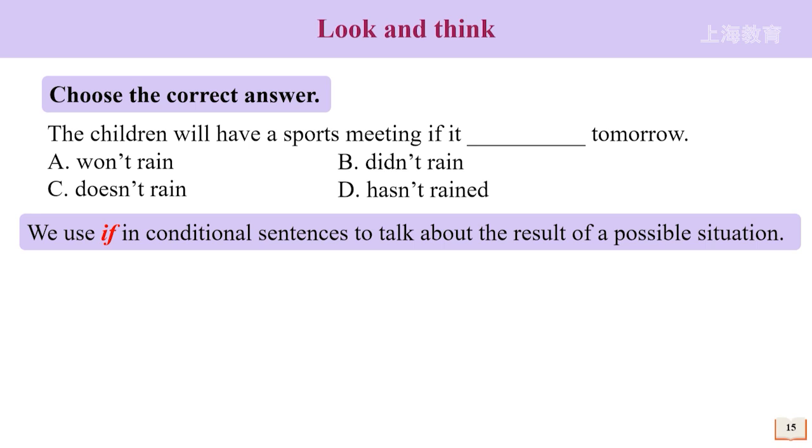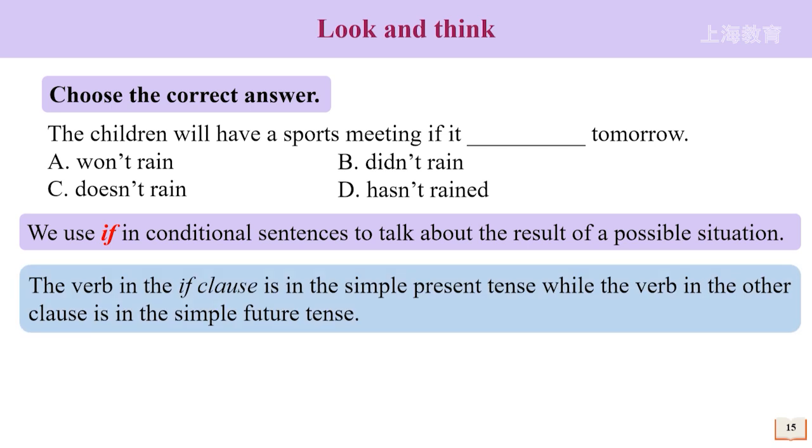If clause is one kind of adverbial clauses. If 用以引导条件状语从句，意思是如果。The verb in the if clause is in the simple present tense, while the verb in the other clause is in the simple future tense. So the answer is C.